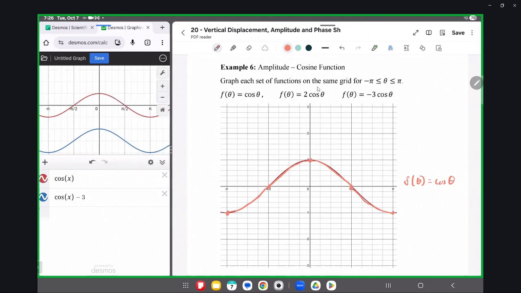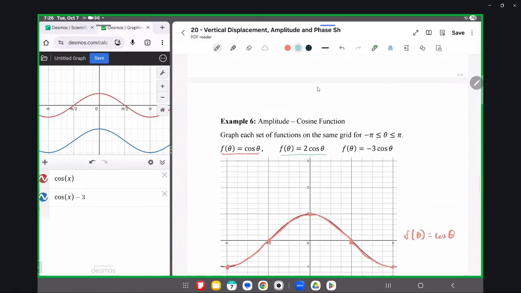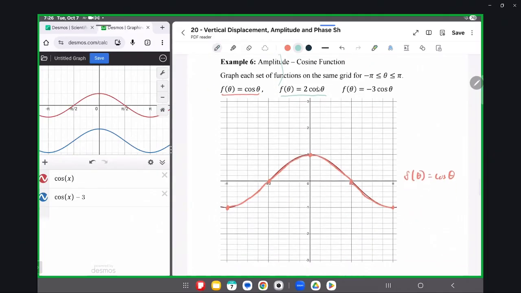Now, for f of theta equals 2 cos theta, let's graph this in light green. All this means is we take our maximum and our minimum values and multiply them by 2. Okay, so if we take 1 times 2, we get 2.